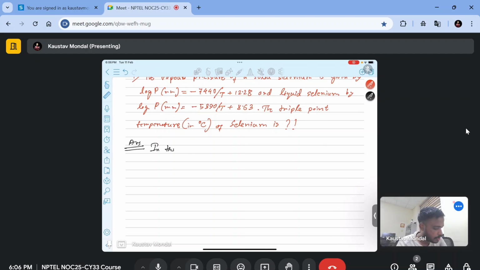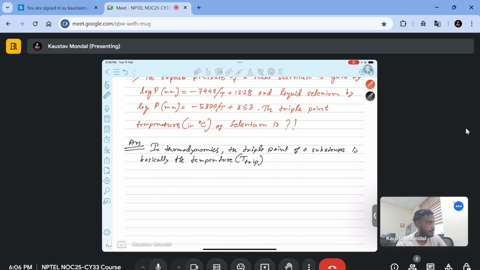In thermodynamics, the triple point of a substance is the temperature, T trip, and pressure also.